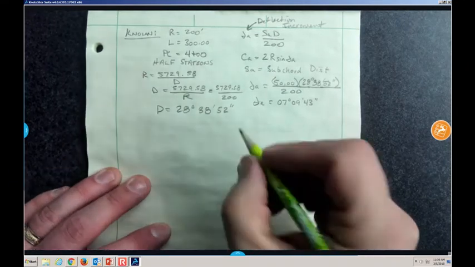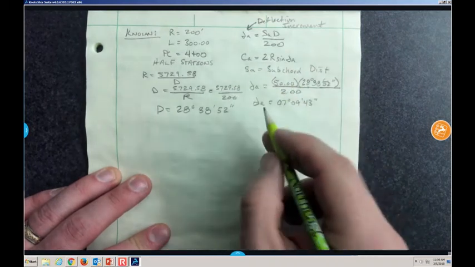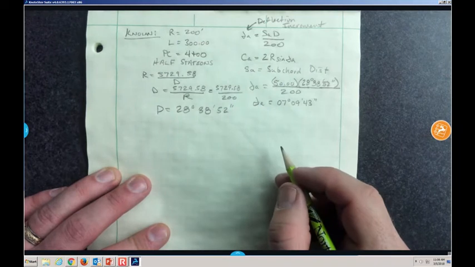Alright, so let's figure out CA then. Okay, because now we have all the components to figure out the subchord. Or incremental chord, sorry, incremental chord.